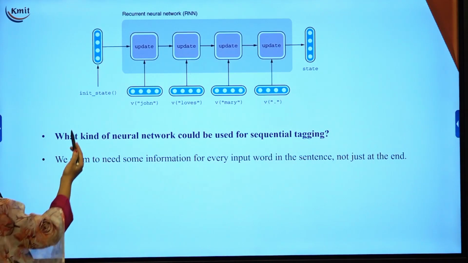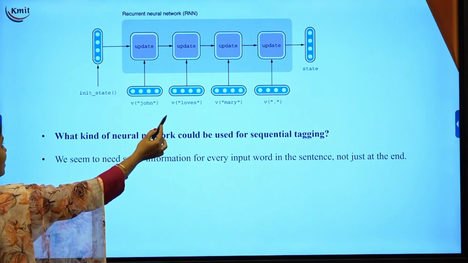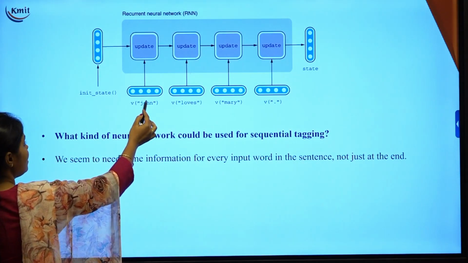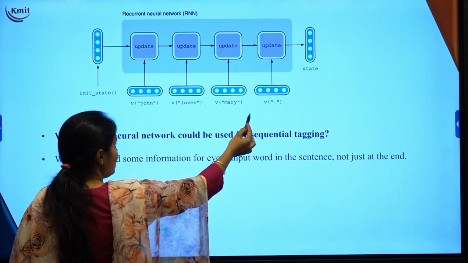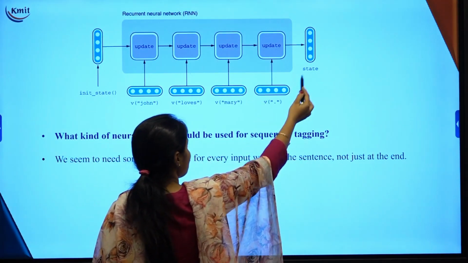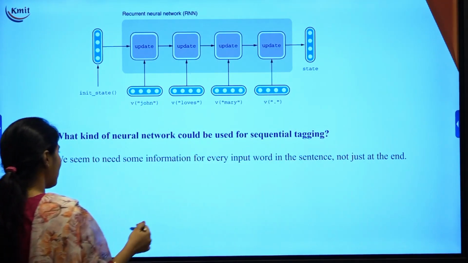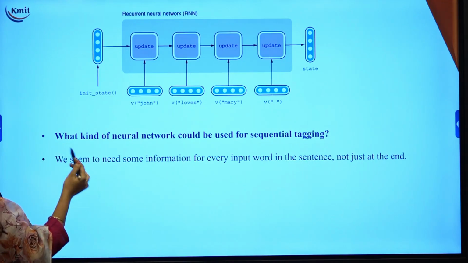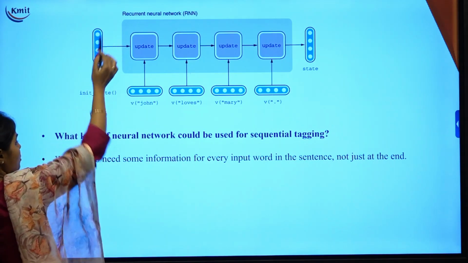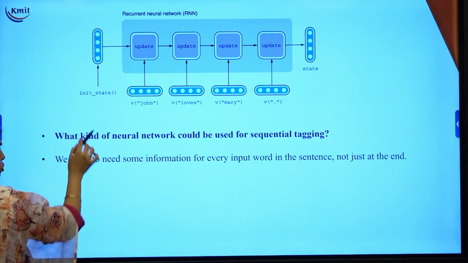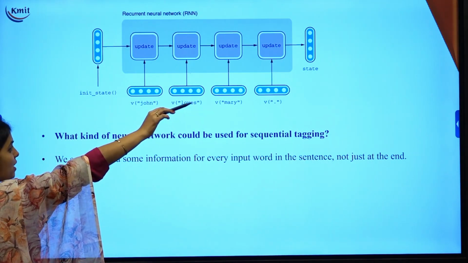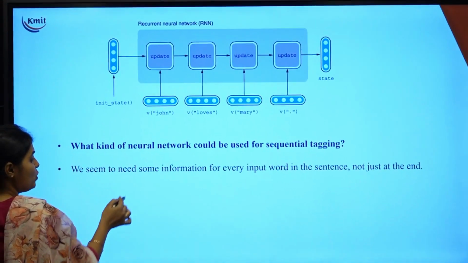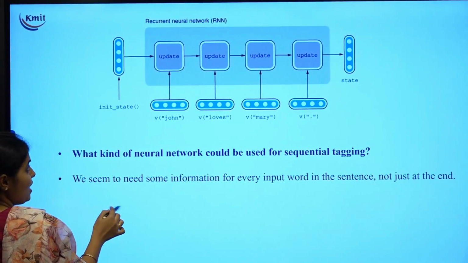For sentence classification, we had John loves Mary as a sentence, and based on these words I had only one state. So we have to modify this structure, because for each and every input word I want my output to be produced. I don't want my output only at the end, but for each and every individual word in sequential labeling.